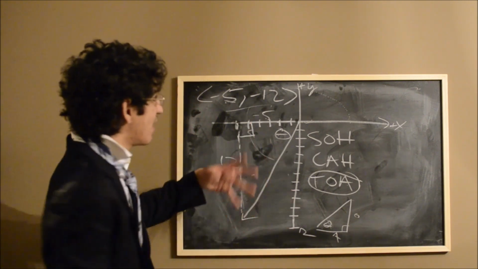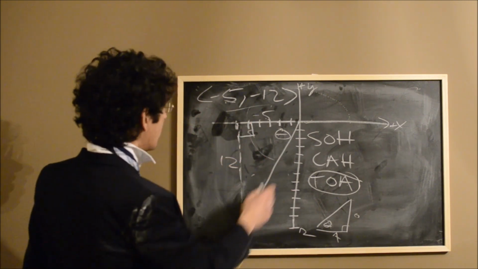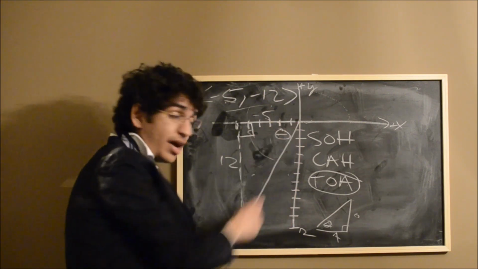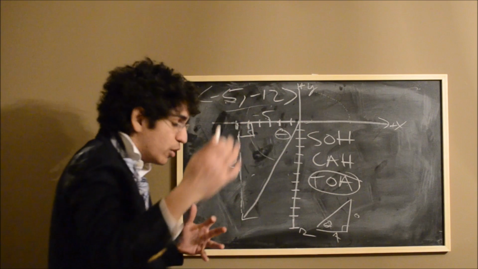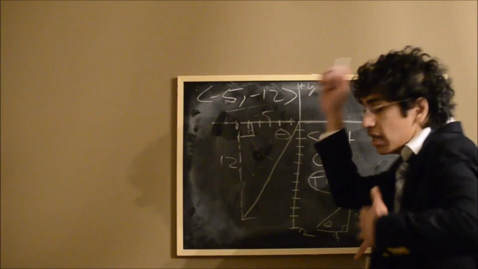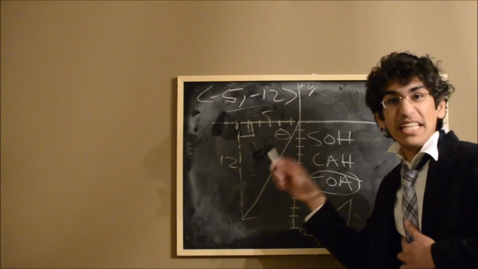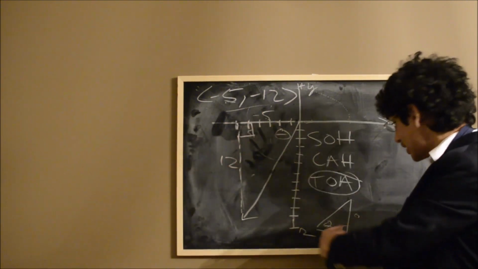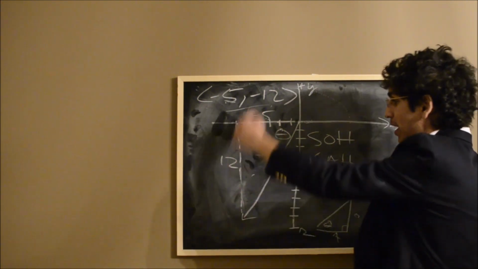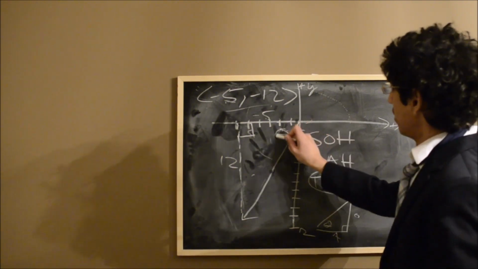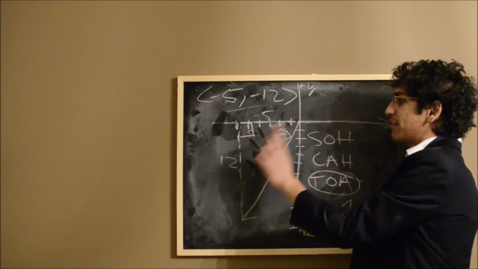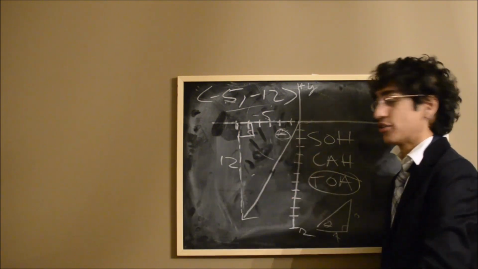So we have created a right triangle from this vector, where the hypotenuse of this triangle is a vector. Now, this angle is solvable. We can find this angle. How? Using this relationship. This is a right triangle. So we can say, this is the angle that we're trying to find. This angle between the negative portion of the x-axis and the vector itself.